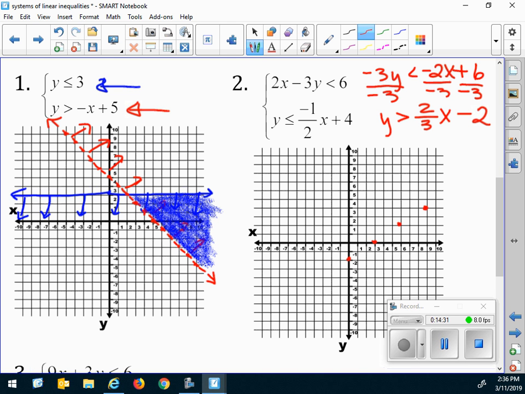Solid or dashed? Dashed. Okay. Dash line, use your ruler. That's pretty crooked, but we'll just pretend. Yeah, because it's just greater than.